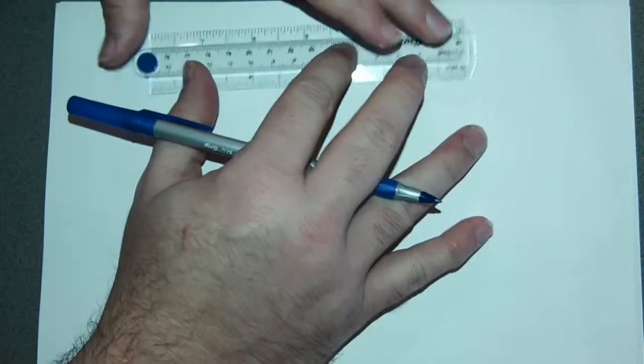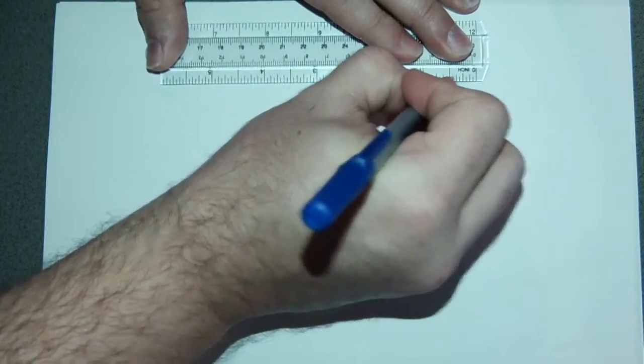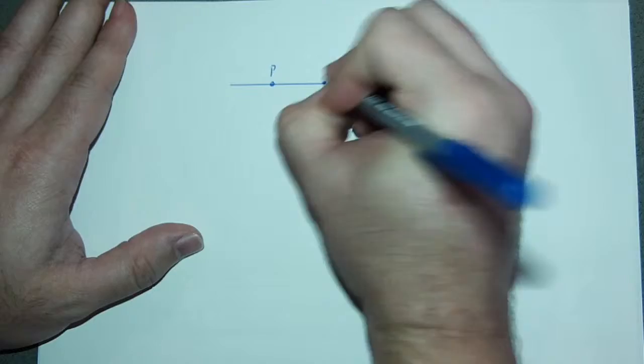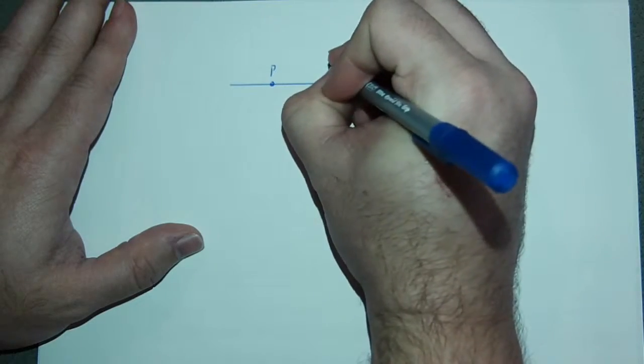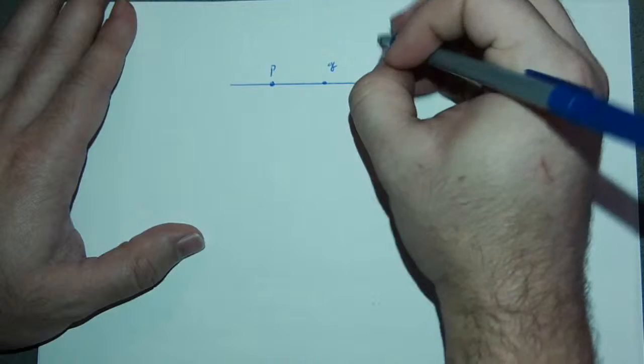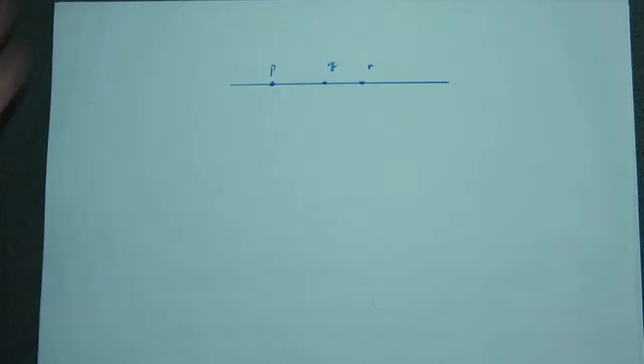Okay, so let's say we have one copy of RP1, and let's just lay out our points. P, Q is here, we'll say, and maybe R is closer to Q than Q is to P. All right, so there's what we have.